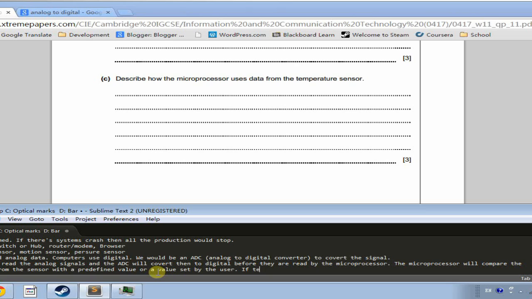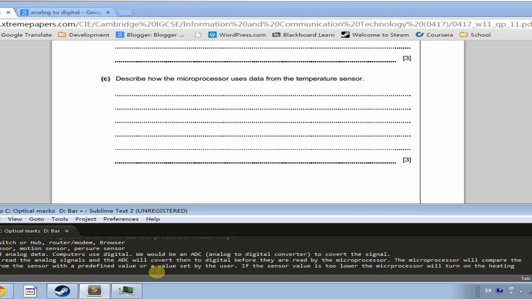If the sensor value is too low, the microprocessor will turn on the heating system.